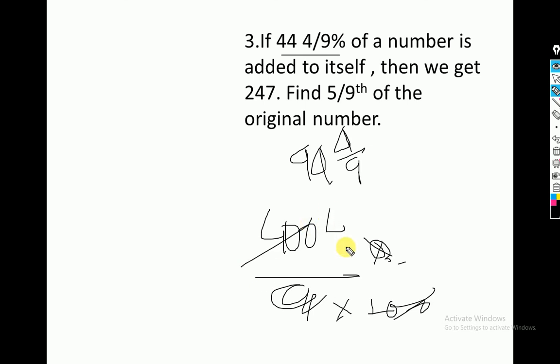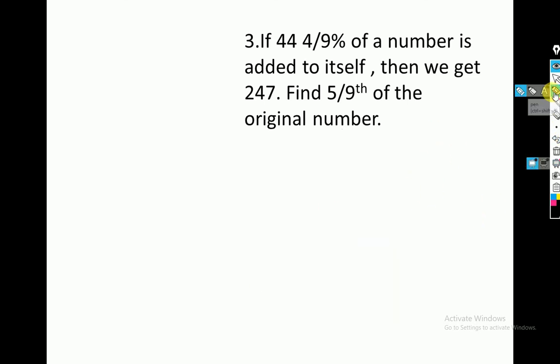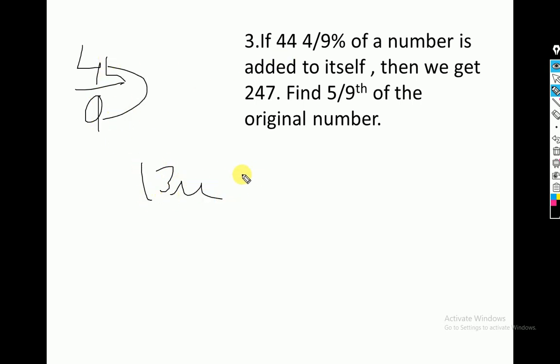It cancels out 4, it's 4 by 9. So 4 by 9 of a number is added to itself, so it comes out to be 13 units, equivalent to 247.